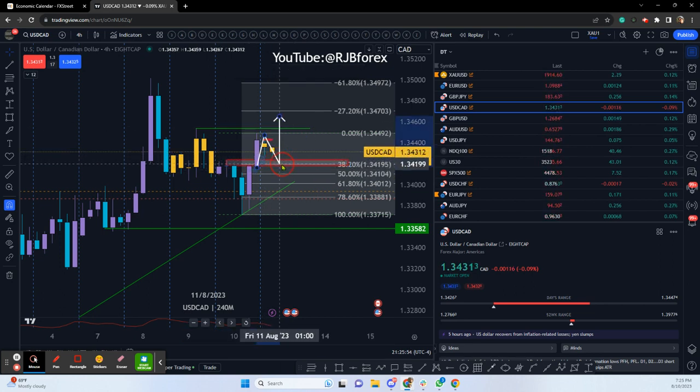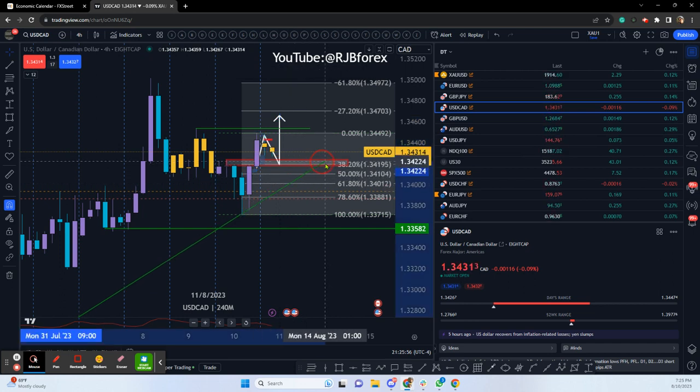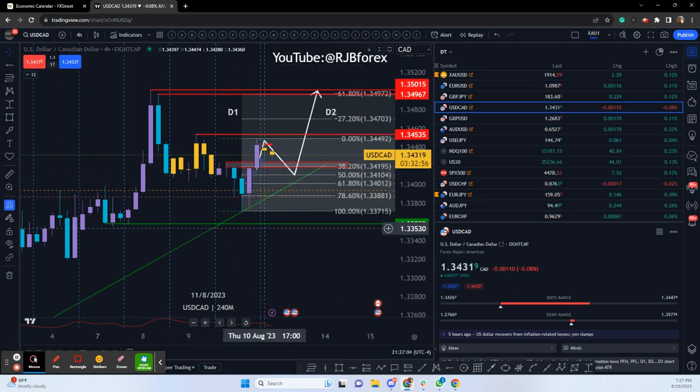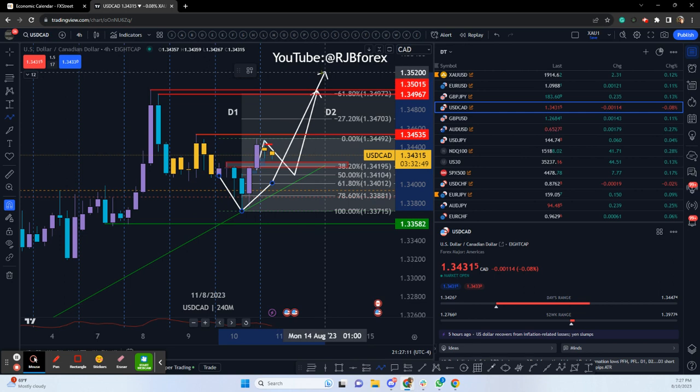Into here, a deeper correction will take us to 50% mean reversion for a continuation to the upside, targeting around 134.70 and higher for the highs. So we're looking for the day 2 continuation of this peak formation below, heading higher.